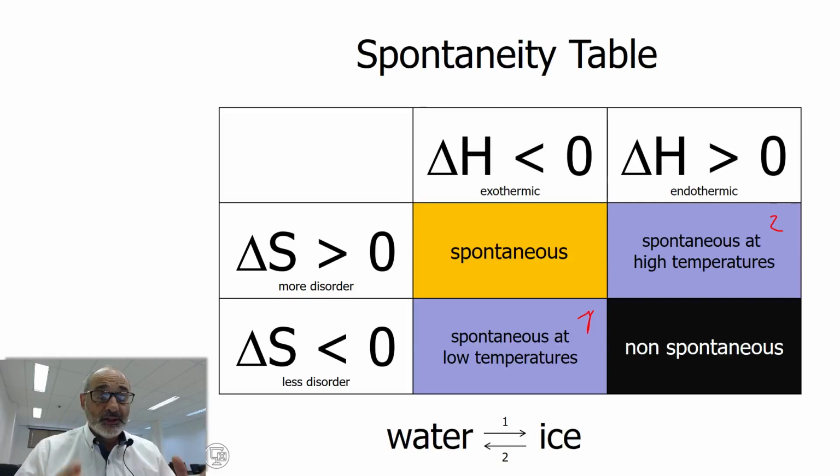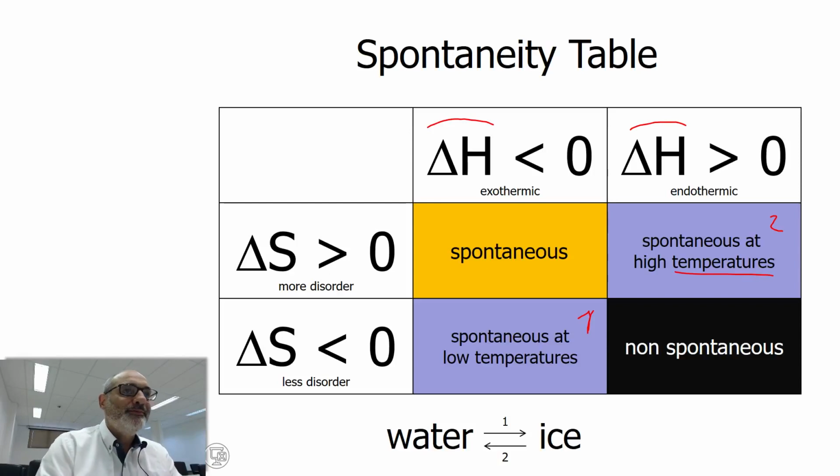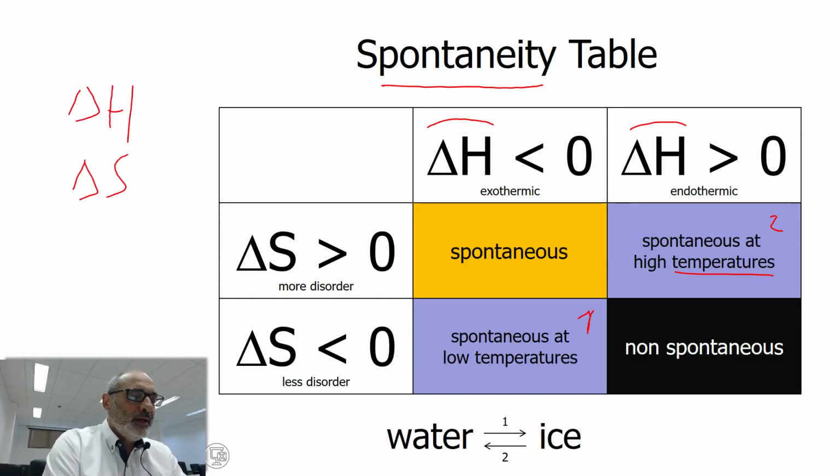So this spontaneity table is very important because we're going to propose right now how this measure of spontaneity can be calculated, assessed in terms of these variables. We already know it has to do with enthalpy and entropy, but also with temperature. So we must propose a variable to measure spontaneity that takes into account delta H, enthalpy, also entropy, and also temperature.